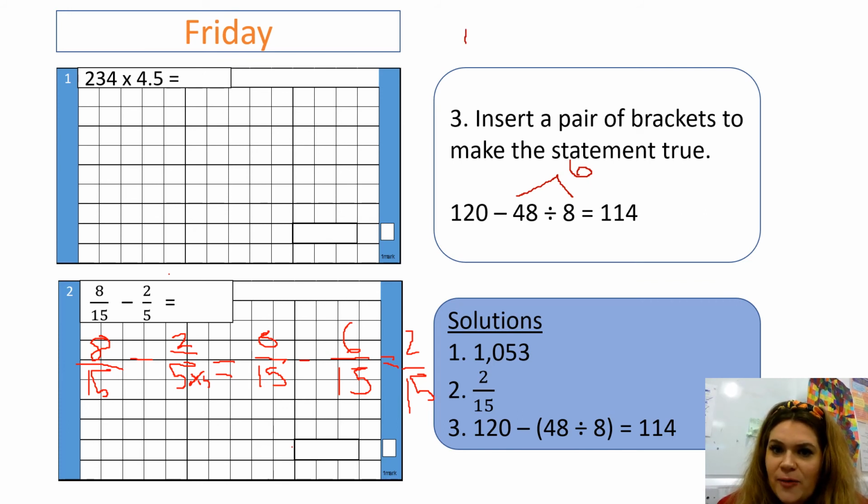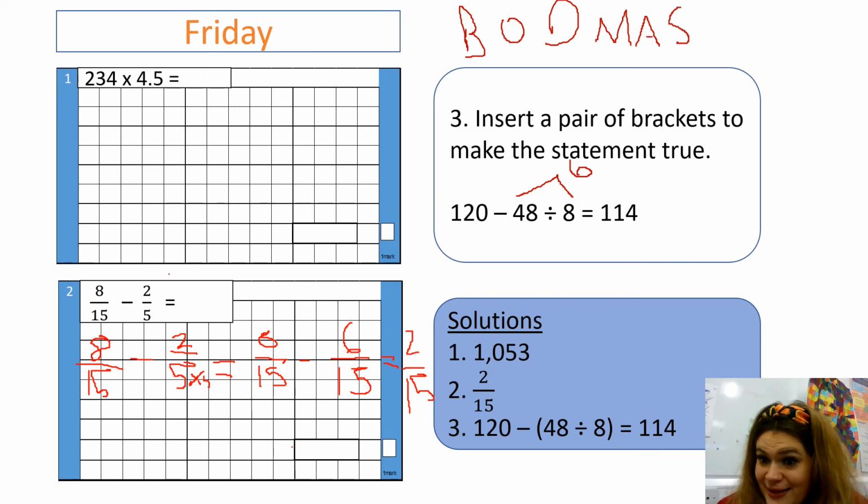So let's do our BODMAS up here. I know that 48 divided by 8 is 6 and I need to do that operation first. So how I'm going to do that, I'm going to put brackets round it to make the statement true.